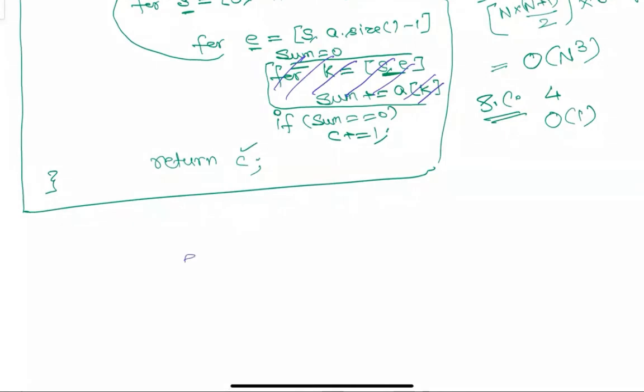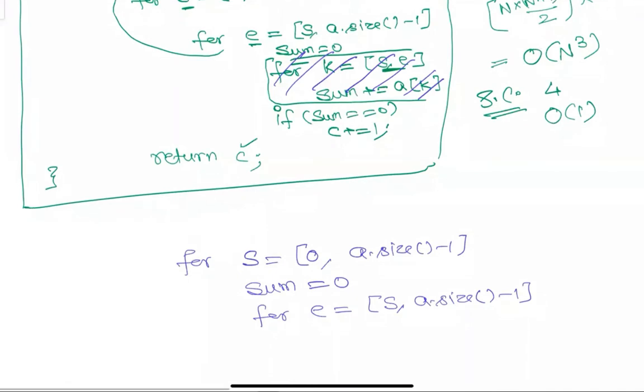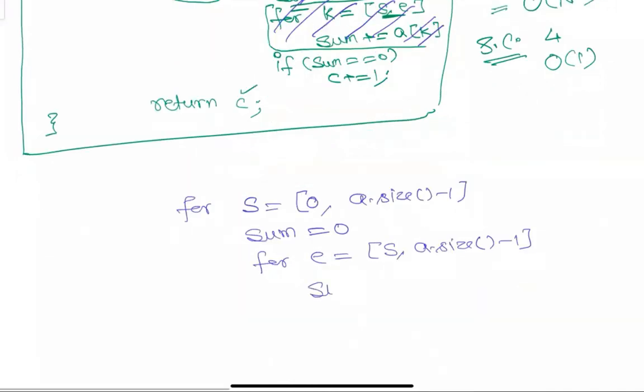When the outer loop gave us S, for S equal to 0 to A dot size minus 1, we could have declared sum here. Sum is 0. In the inner loop, when E is varying from S to A dot size minus 1, here we could have directly said sum plus equal to A of E.